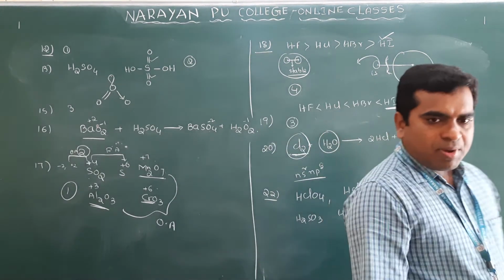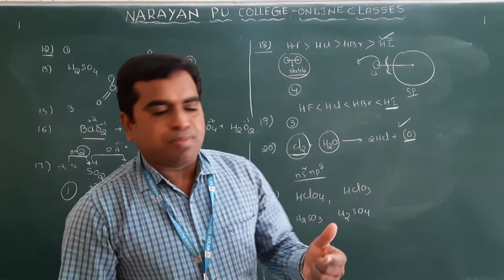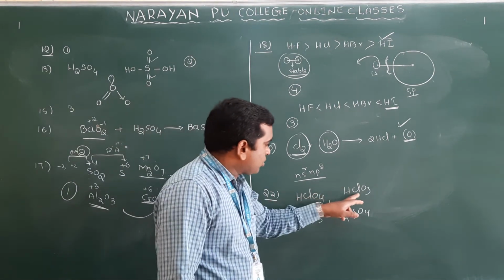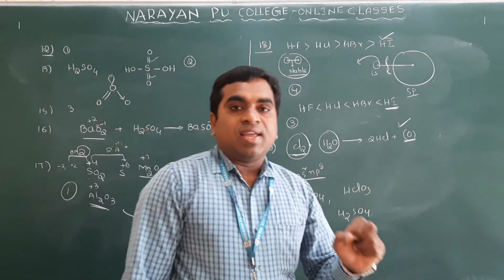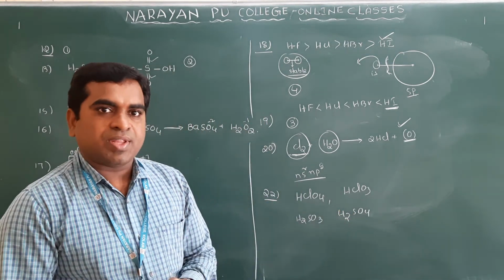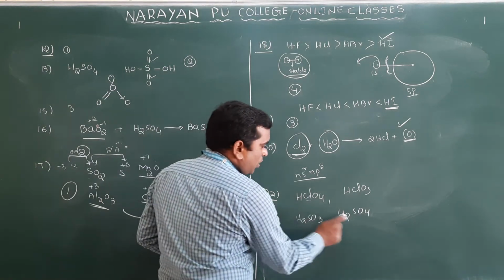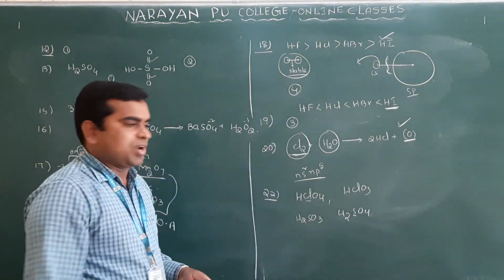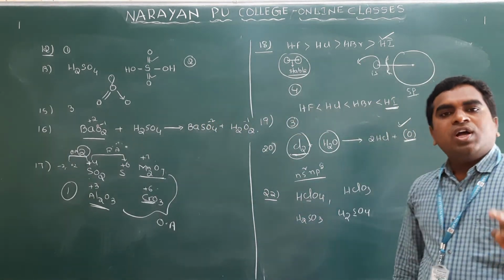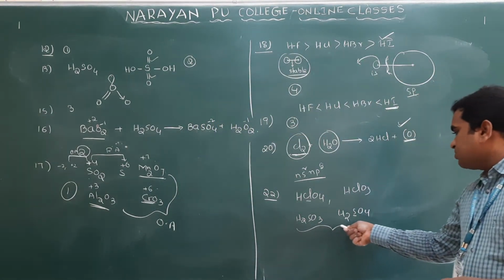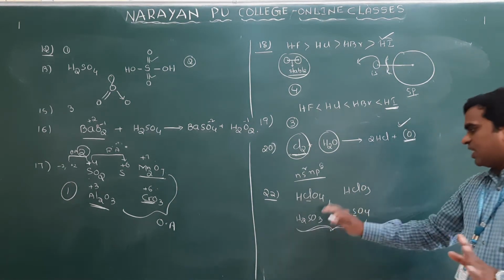I already mentioned, whenever there are different oxoacids of different elements, you have to see the electronegativity, and also the high oxidation state. Between chlorine and sulfur, which one is more electronegative? Chlorine is most electronegative. So chlorine oxoacids are more acidic than the sulfur oxoacids.